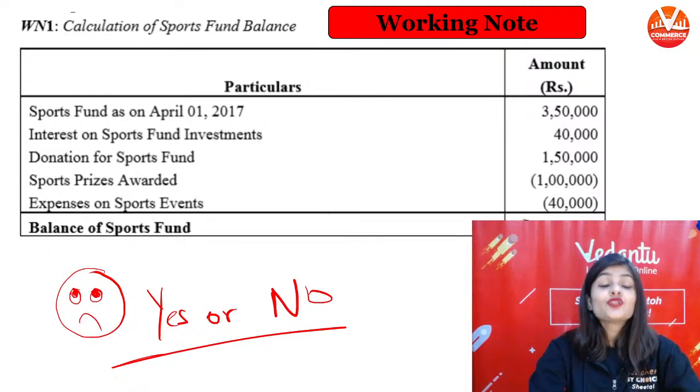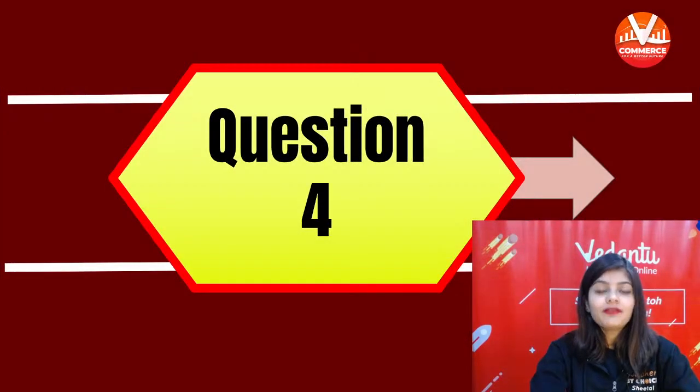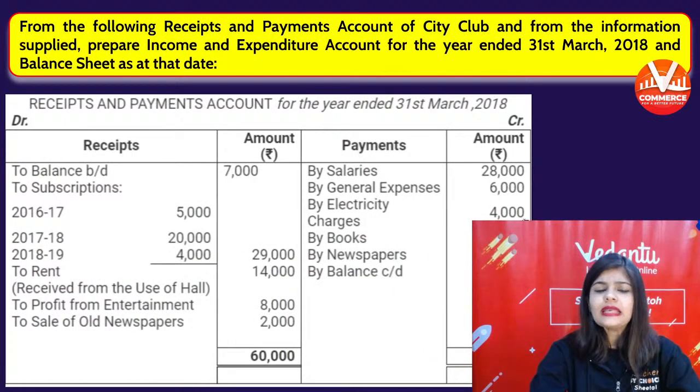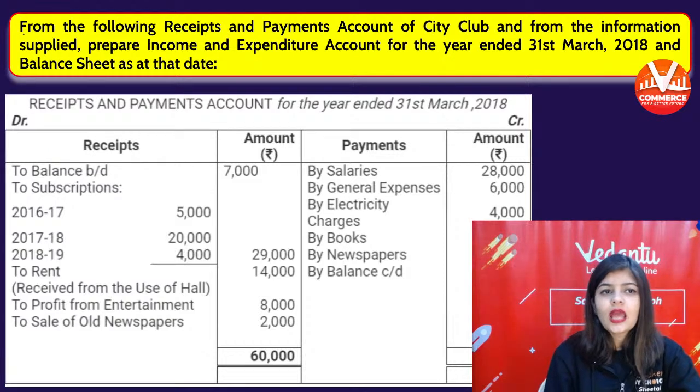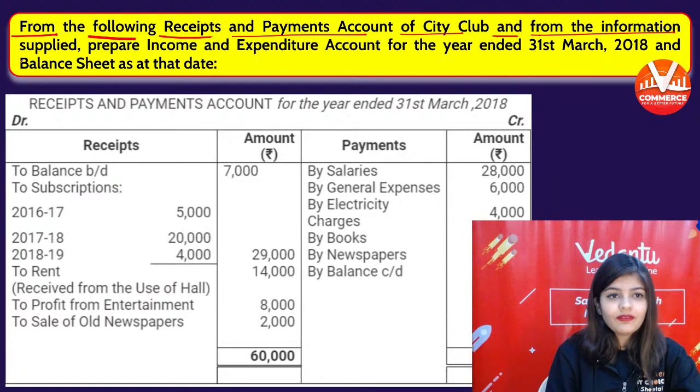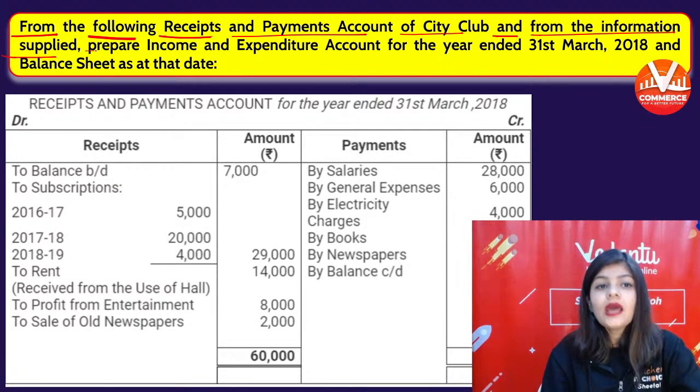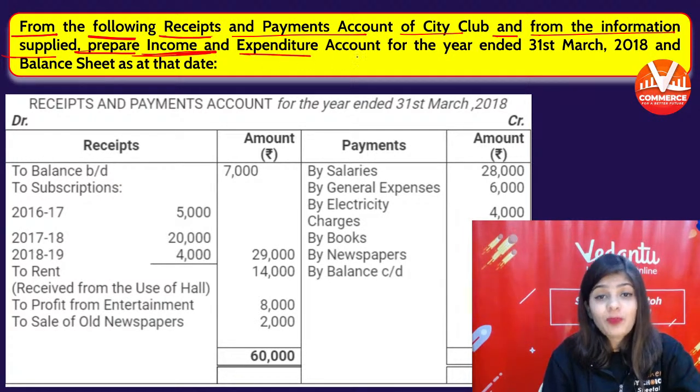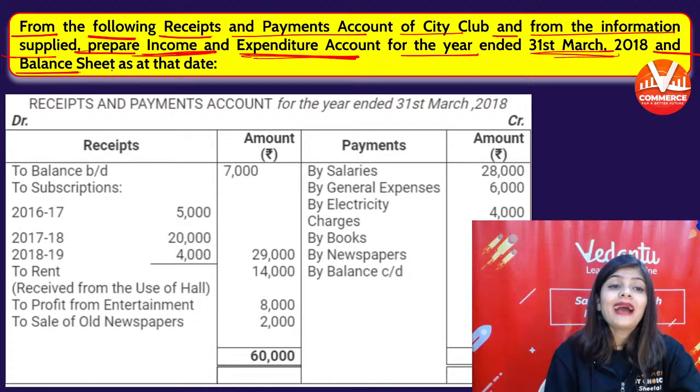Clear. So now coming on to our next question, the fourth question. From the following receipt and payment account of City Club and the following information supplied, prepare income and expenditure account for the year ended 31st March 2018 and the balance sheet as at that date.